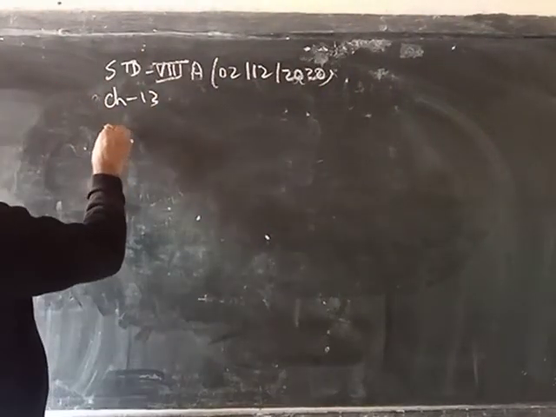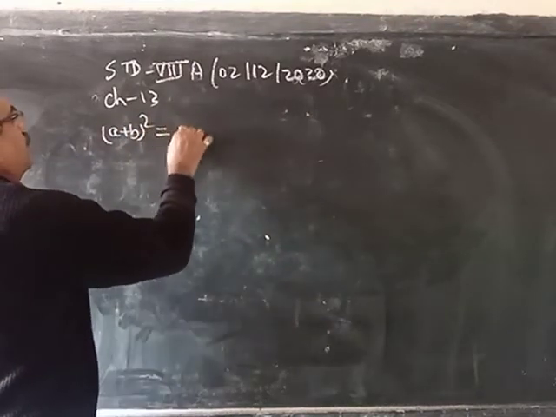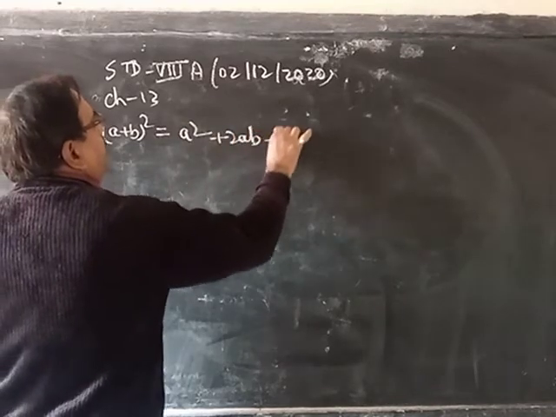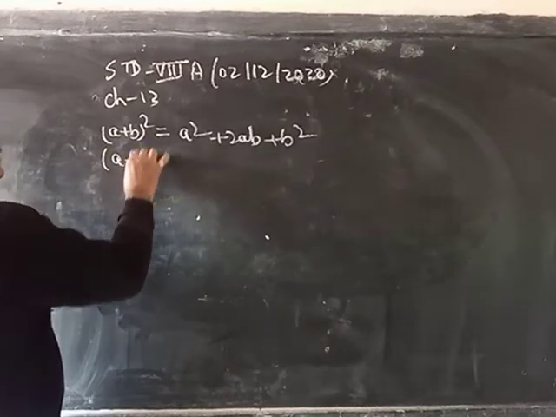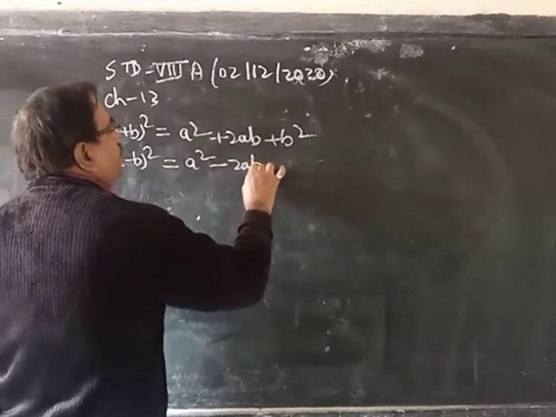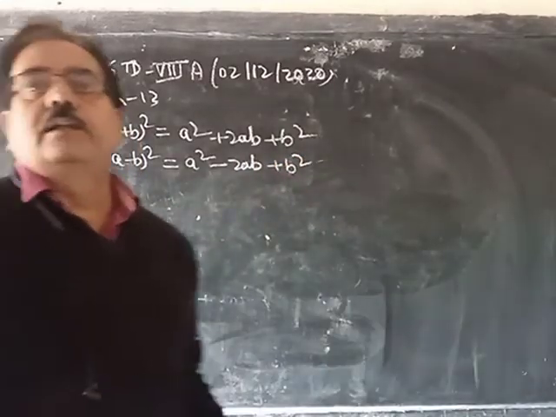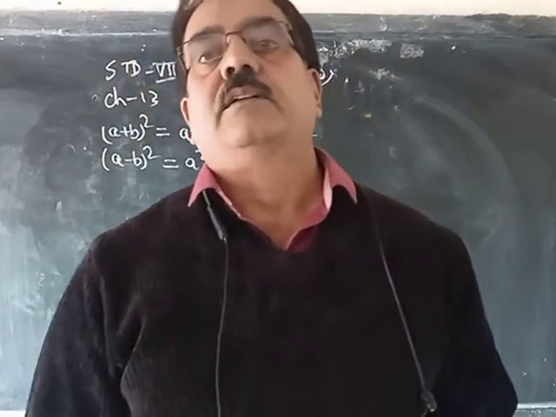Then you know two formulas: a plus b whole squared is equal to a squared plus 2ab plus b squared, and a minus b whole squared is equal to a squared minus 2ab plus b squared. The next question which I am going to give you is based on these two formulas.